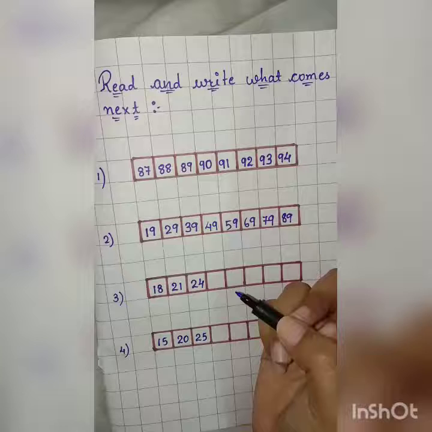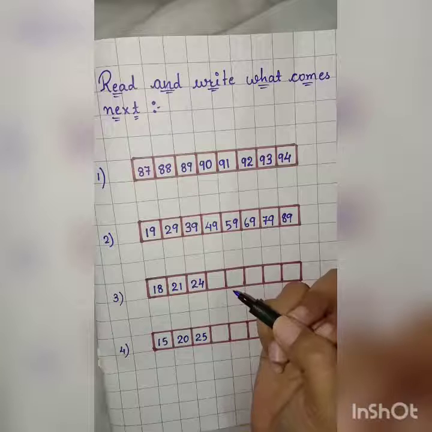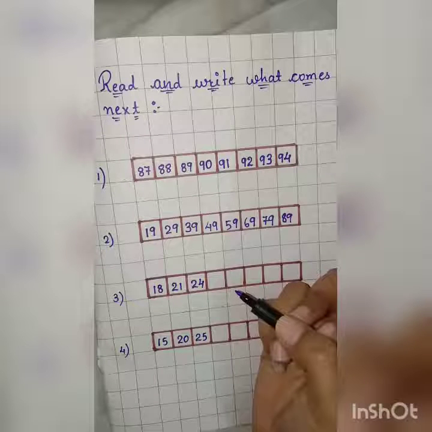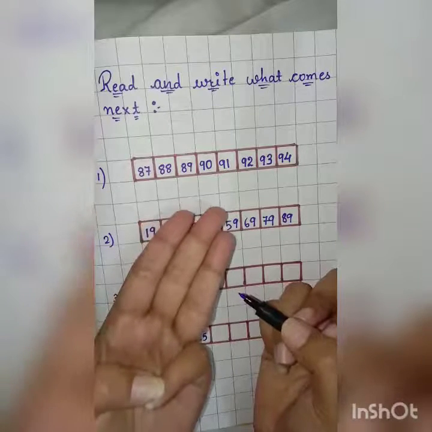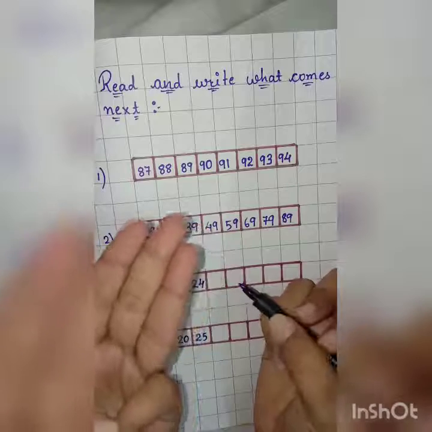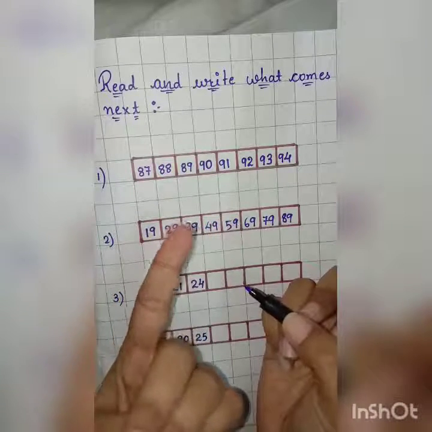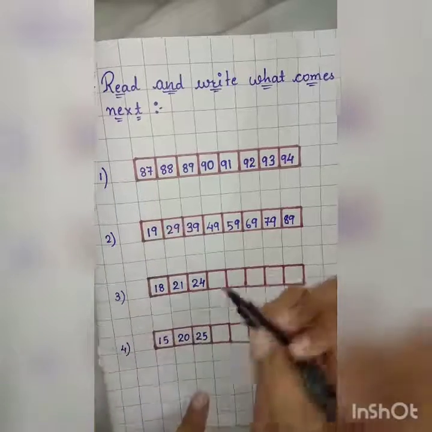So we have an example of counting by threes. So how will you find the next number? Yes, first of all, keep 3 on your fingers and start your forward counting from 24, 25, 26, 27.